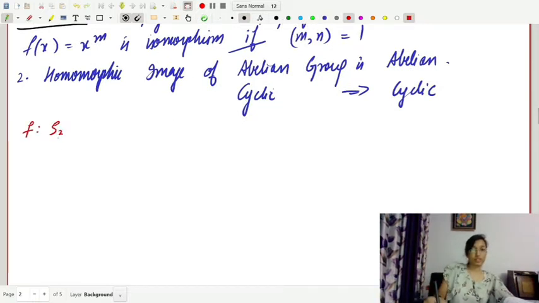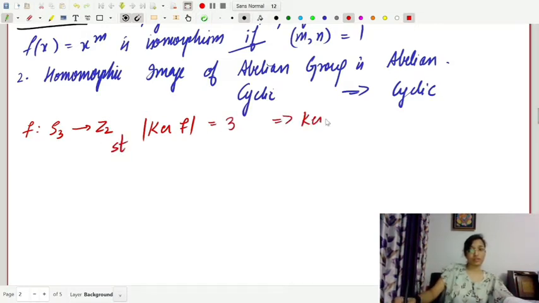Take f from S3 to Z2, then the order of the kernel of f is 3, which implies the kernel of f is equal to A3 because S3 has only one subgroup of order 3, that is A3.